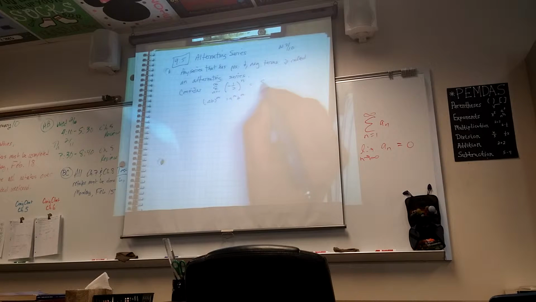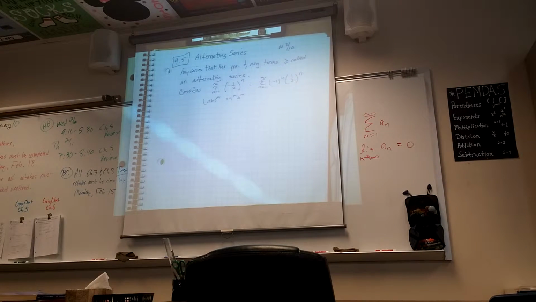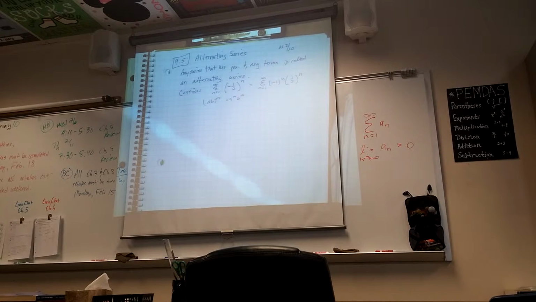So I'm going to write this as the sum from n equals 1 to infinity, negative 1 to the n power times 1/2 to the n power. Okay? Same exact thing. I can multiply them back together if I wanted to. I don't want to. And this is an alternating geometric series.